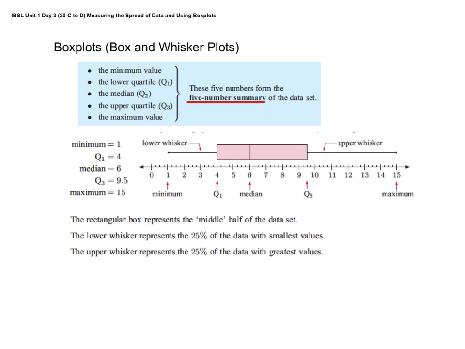The minimum is at the 0% mark, and then you have 25%, 50%, 75%, 100%. So it's basically the 5 points that divide this whole thing into quarters: the minimum, the lower quartile, the median, the upper quartile, and the max.